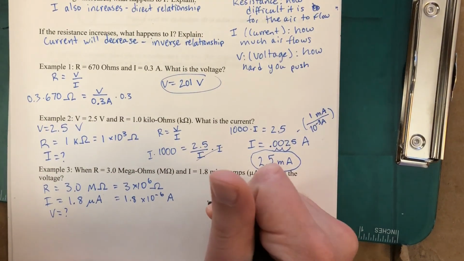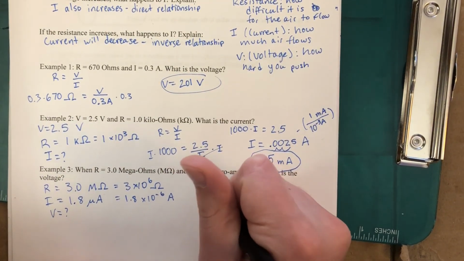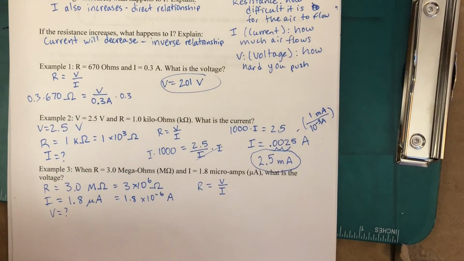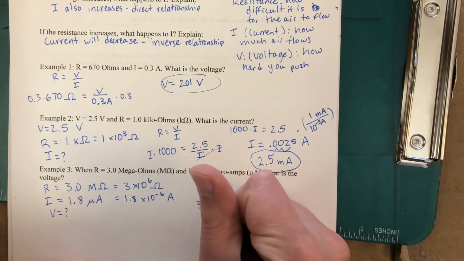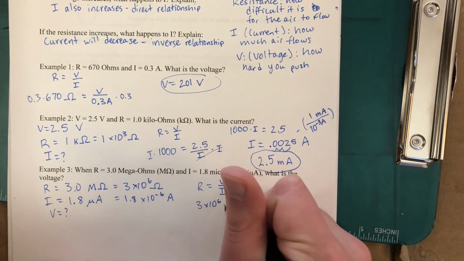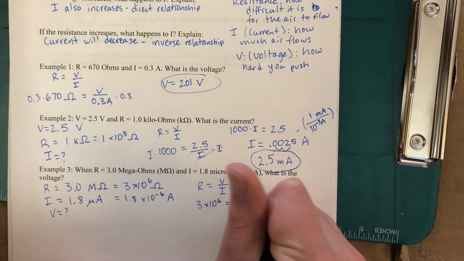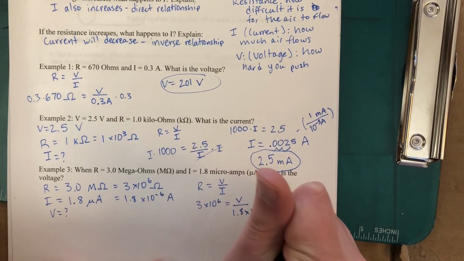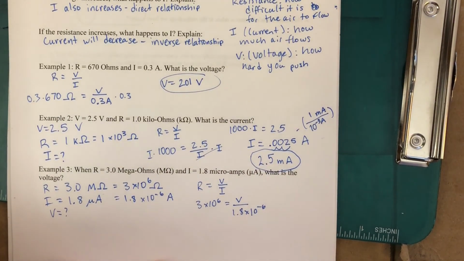So I'll use R equals V over I. I'll plug in these. 3 times 10 to the 6 equals V over 1.8 times 10 to the negative 6. I can multiply both sides by this 1.8 number.